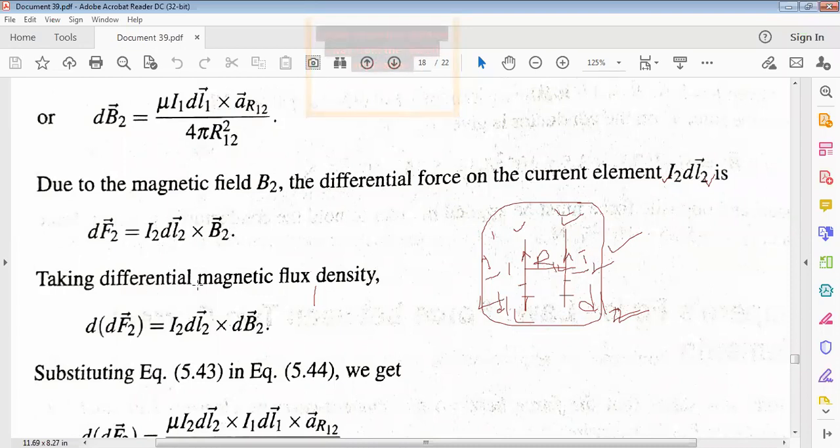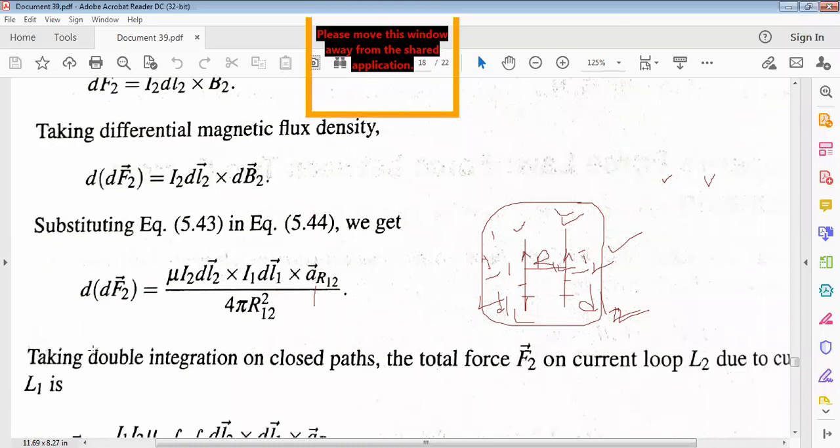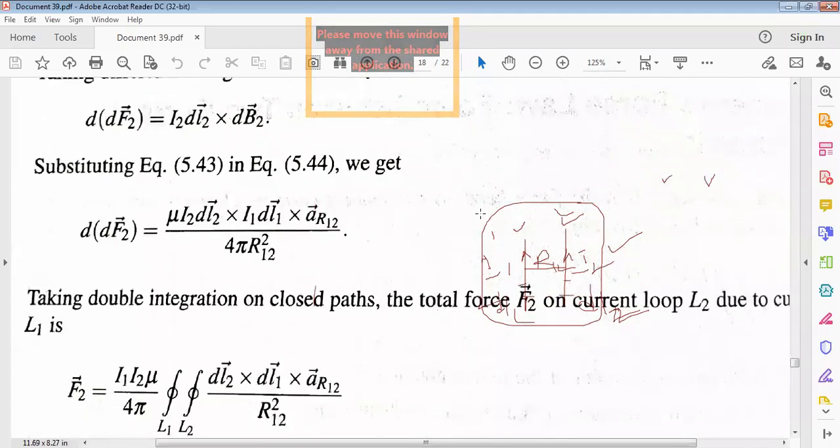So taking the differential magnetic flux density, d(dF2) equals I dL2 cross dB2. We substitute the above expression for dB2, which is μ I dL by 4πr².